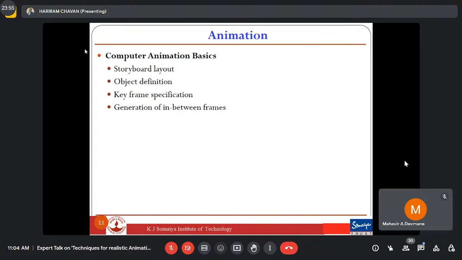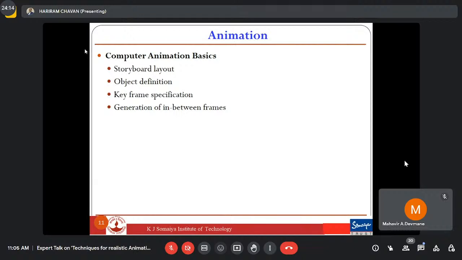So a set of rough sketches which could represent the basic idea for the motion is nothing but the storyboard layout. I hope you are with me and understanding what exactly storyboard layout is all about.